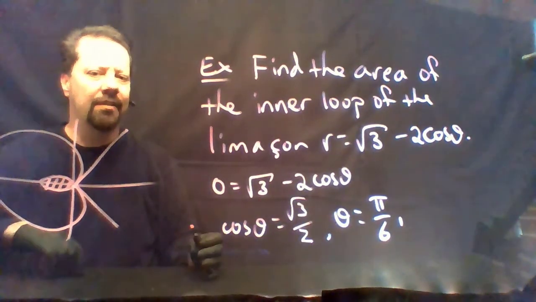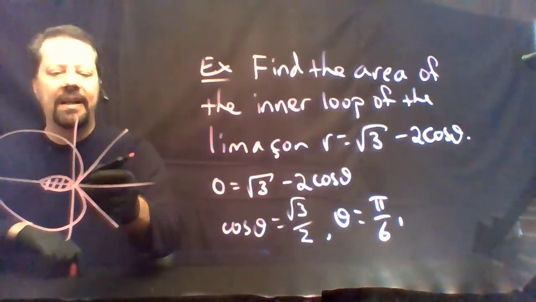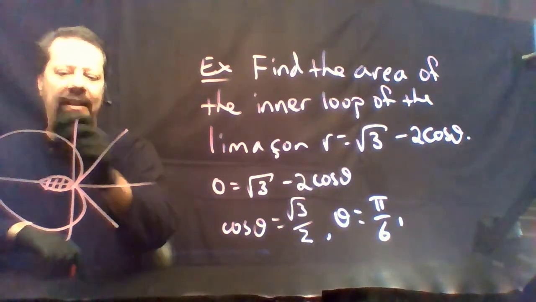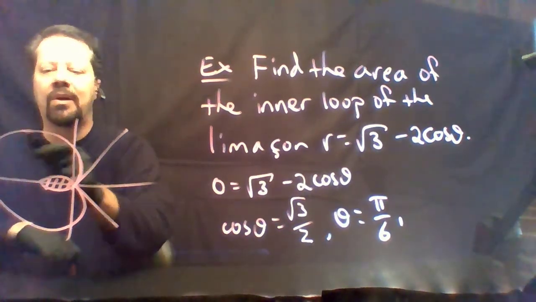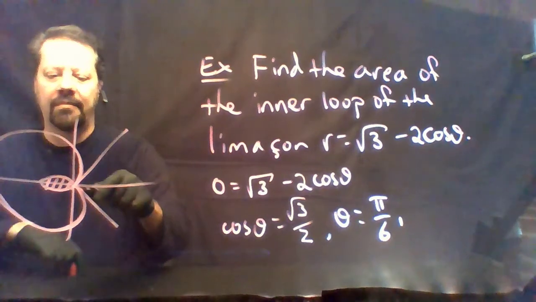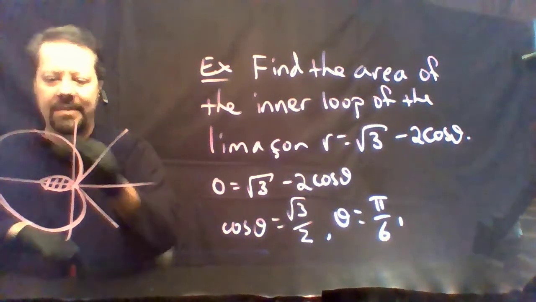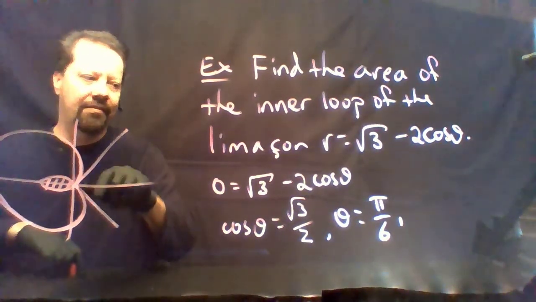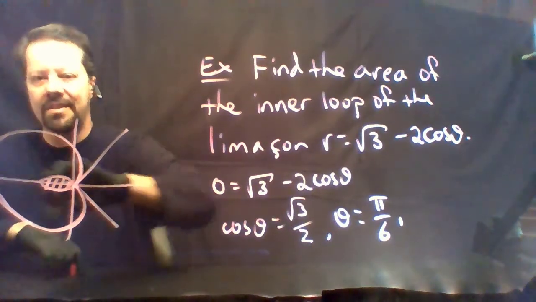But we need to be careful about this. If we integrate from pi over 6 to 11 pi over 6, we're integrating over the wrong part of the curve. We're integrating to obtain not the area of the inner loop, but the area of the rest of the curve.